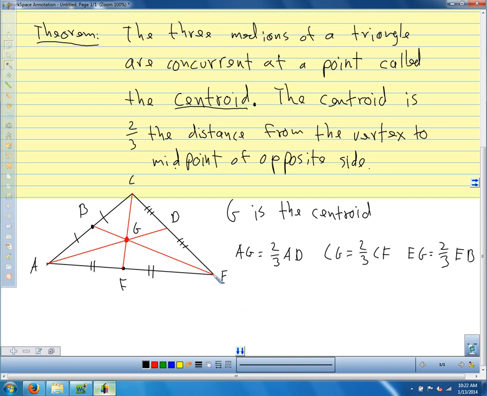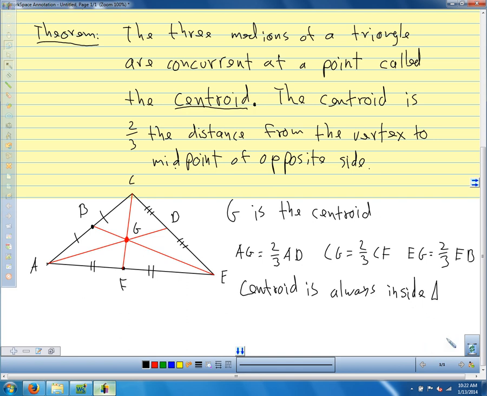So if this distance is 2/3 the distance across, what does that leave for this little piece? 1/3. So this is 2/3 of the distance, that's 1/3. The centroid is always inside the triangle.